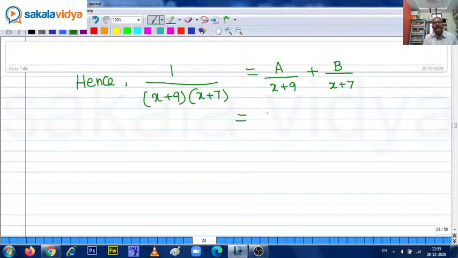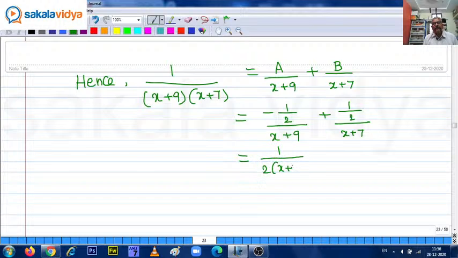So this we can write negative 1 upon 2(x plus 9) plus 1 upon 2(x plus 7). Positive first, negative later. You can write this as 1 upon 2 times (x plus 7) minus 1 upon 2 times (x plus 9). So these are the partial fractions.